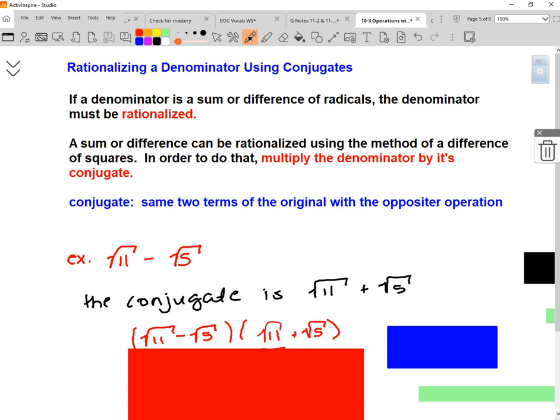It's going to be the square root of 11 times the square root of 11, which is 11, minus 5. So when we multiply those conjugates, we get 6. Okay, and we want to do that because we're worried about getting the radicals, the square roots, out of our denominators.